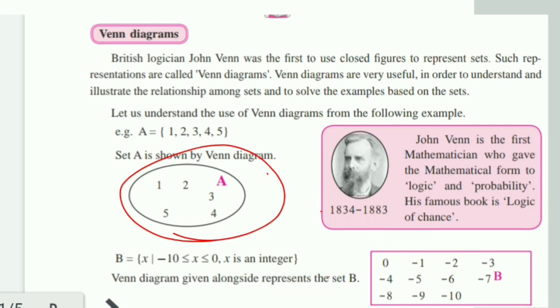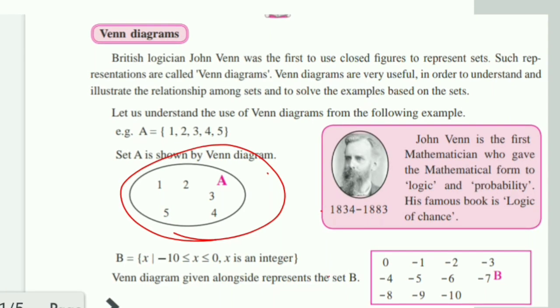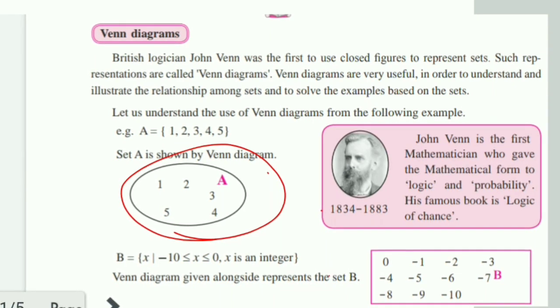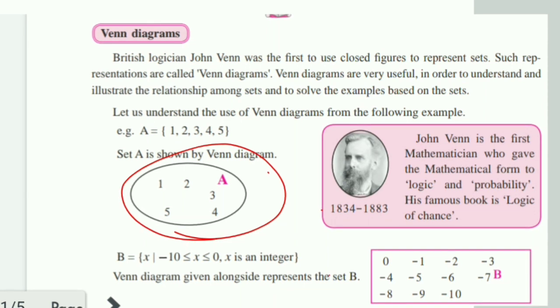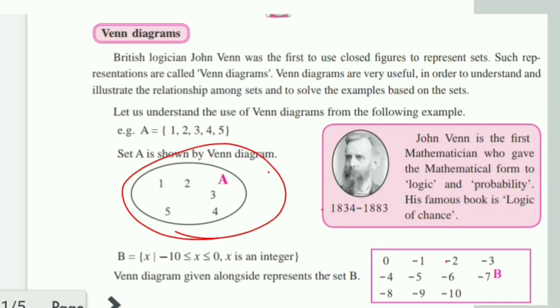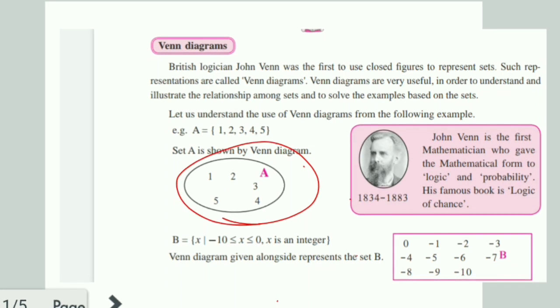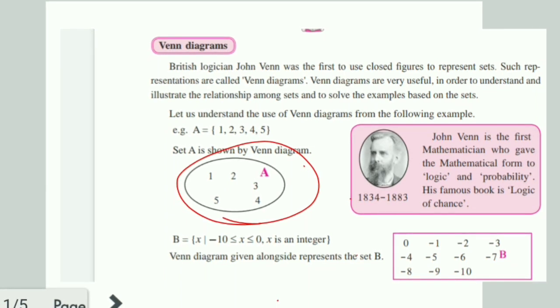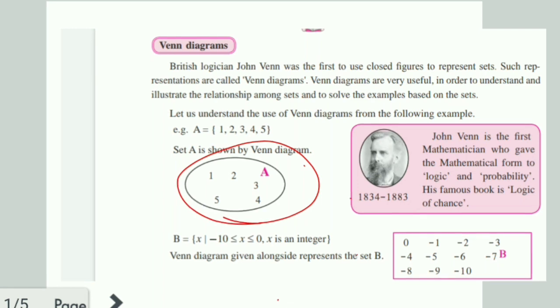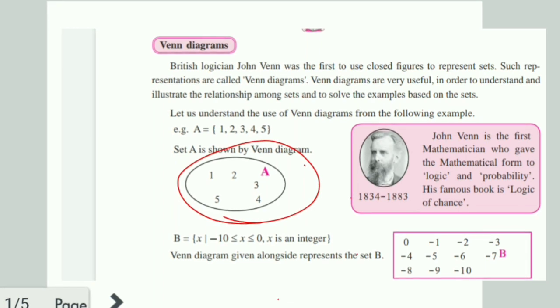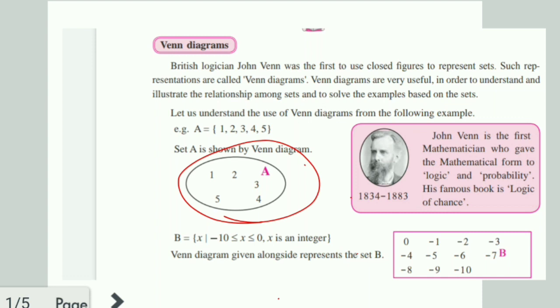So B is equal to minus 1, minus 2, minus 3 up to minus 10. These are the elements shown like this. So Venn diagrams are very useful to understand the representation of sets, and we will see more examples in your practice set 1.3.